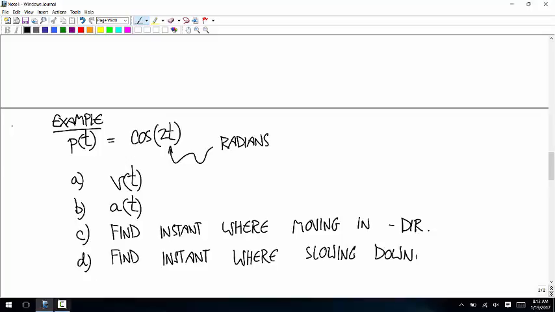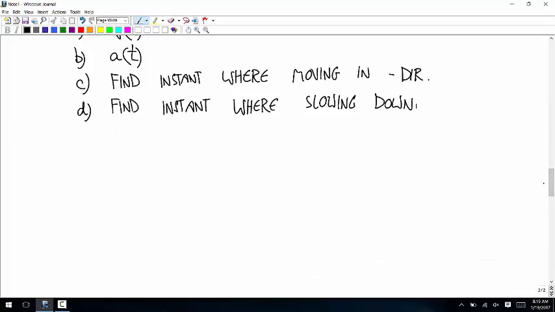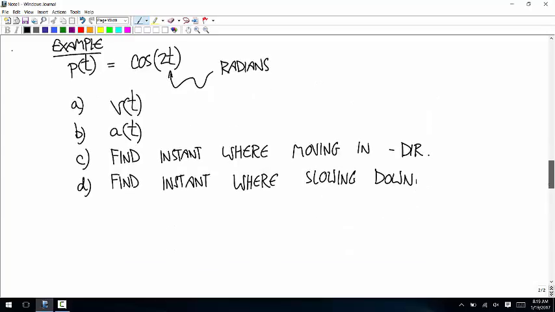Okay, do this one on the board. Pretty close. All right, so if the position is cosine of 2t, we're going in the direction we like, where we don't need to deal with the constants of integration. We're just taking derivatives.